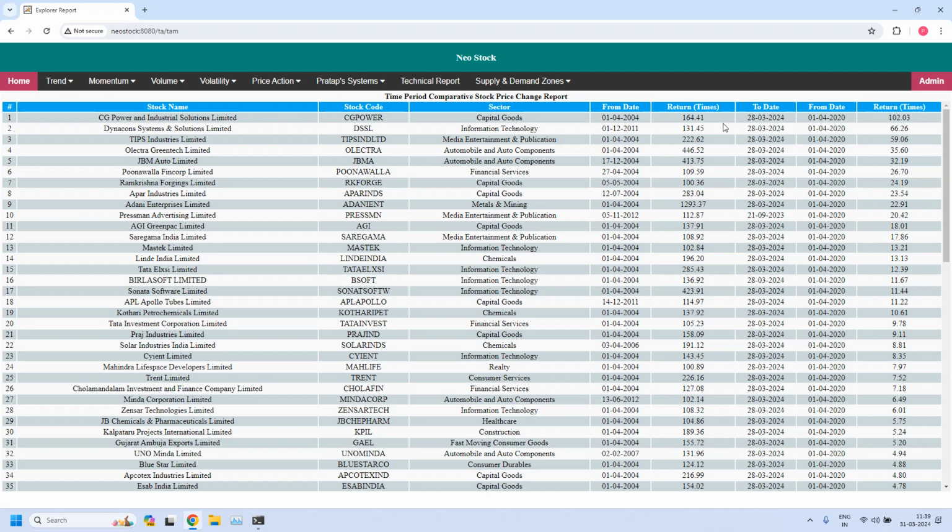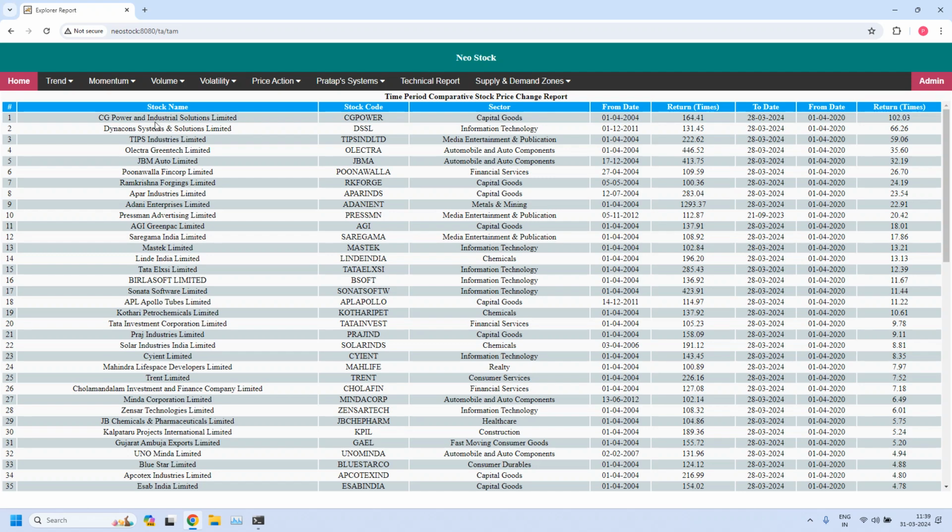Before the pandemic, its performance may be very little. But do you consider such kind of stocks for the next 20 years? Doubtful, right? A stock that is continuously performing for the last 20 years, probably that could be a very good stock.